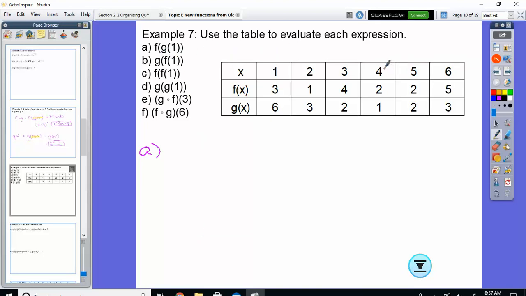But instead of giving you functions, I give you a table of values. So f of g of 1 means I start with g of 1. If x is 1, what is g? 6. My x is 1, my g value is 6. So now I have f of 6. So when x is 6, f is 5. So our a is 5.